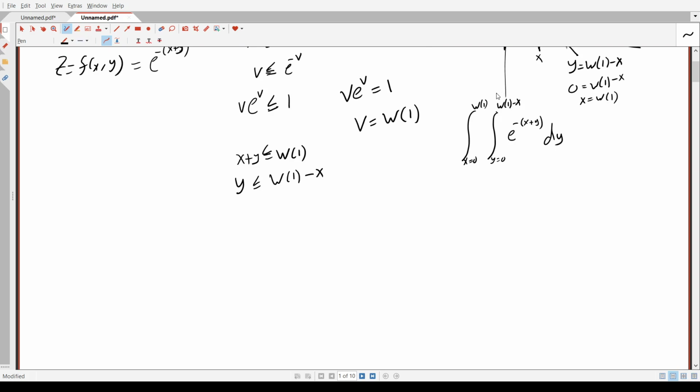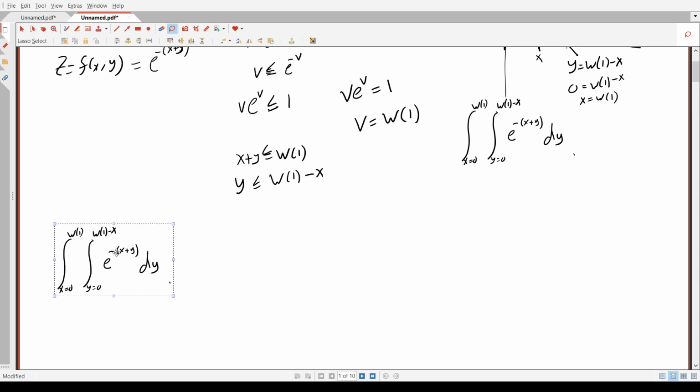Okay, so that's what I want to integrate. Let me just copy that. If I want to write this, this is dx. So now I do the inner integral. I still have this outer integral from x equals 0 to W of 1.